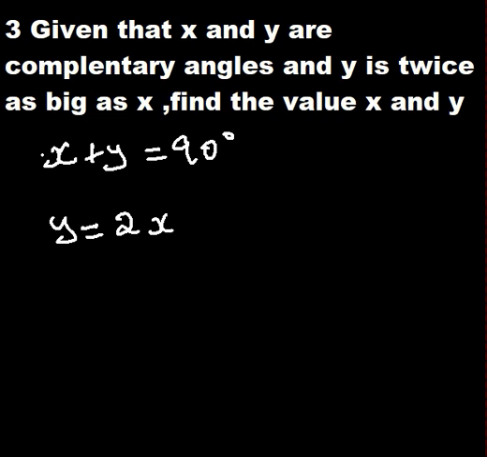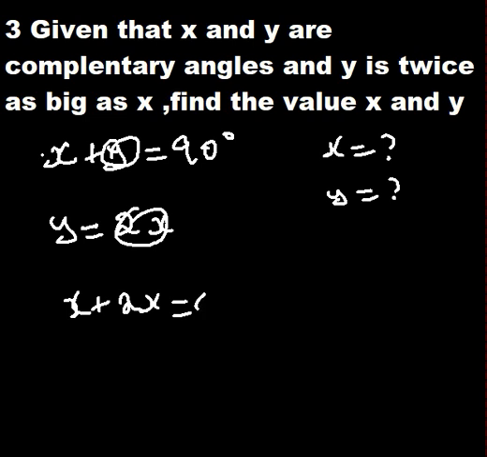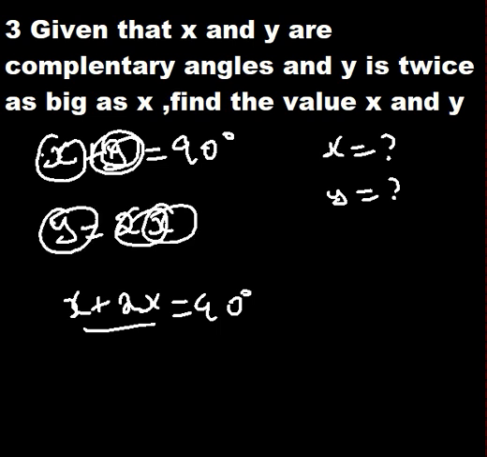Then we should find the value of x and also the value of y. So how do you think we should do this? In this case we'll substitute y, so we'll have x plus 2x equal to 90 degrees. Then upon having x, we'll substitute it here and we'll have y in this way. So that would be the way out.